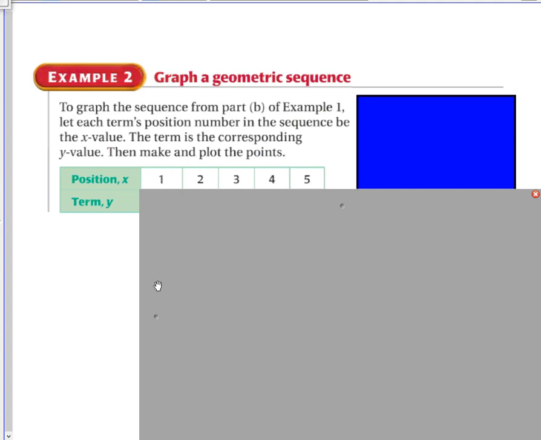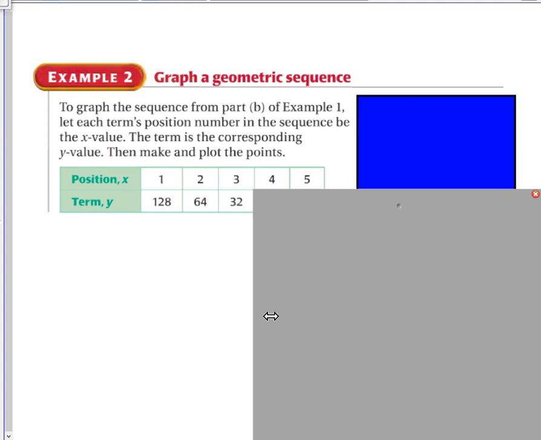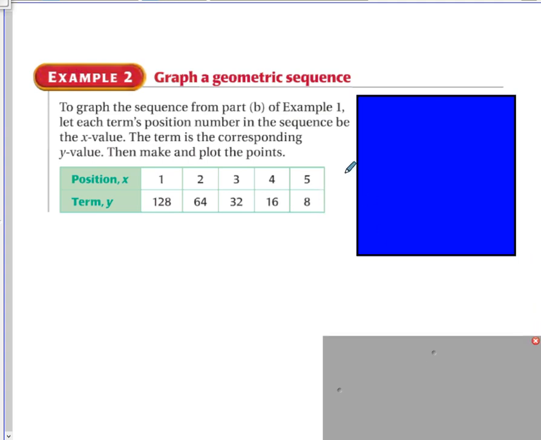My first term is 128, my second term is 64, third is 32, fourth is 16, and my fifth is 8. If I wanted to add a sixth term, which is the one we found, that one is 4, so I'll extend my box a little bit.